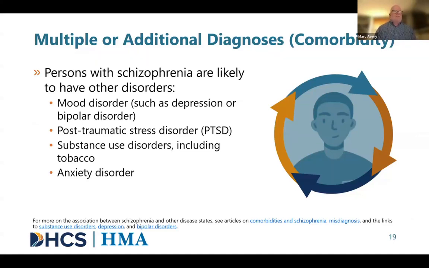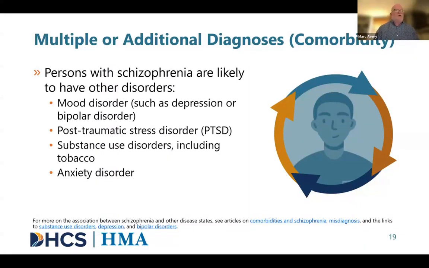For example, it's common for somebody with schizophrenia to experience significant depression, which might even lead to a formal diagnosis of depression. But other persons with schizophrenia may experience mania along with their condition, leading to an additional diagnosis of bipolar disorder.